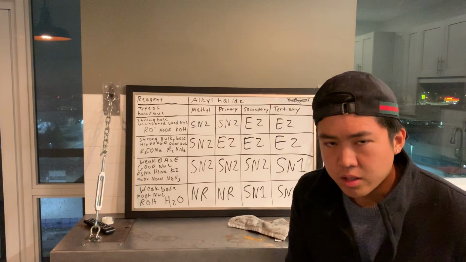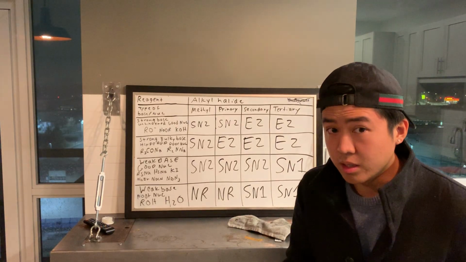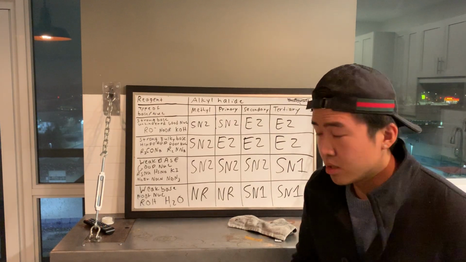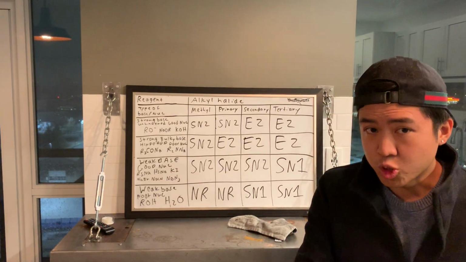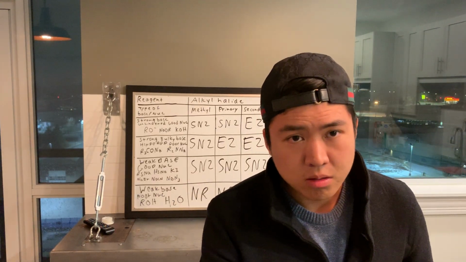So if there's a positive deficiency, if there's carbon hydrogens around it, they're going to inherently donate electron density to stabilize that positive charge. SN1 does not happen, E1 does not happen, which we really didn't talk about that much, but E1 forms a carbocation, by the way, as well.